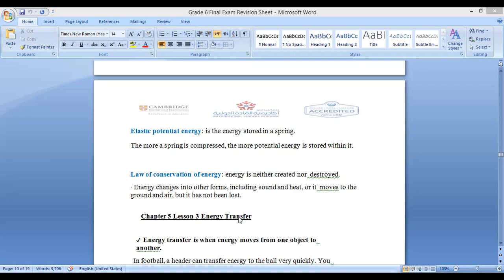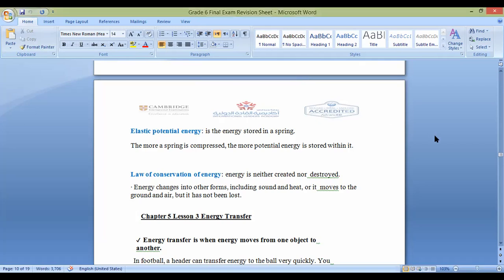Is this clear? Any question? Kinan, Kareem, Zaina, any question? Okay, so energy changes into other forms, including sound and heat, or it moves to the ground and air, but it is not lost, not destroyed, and not created.